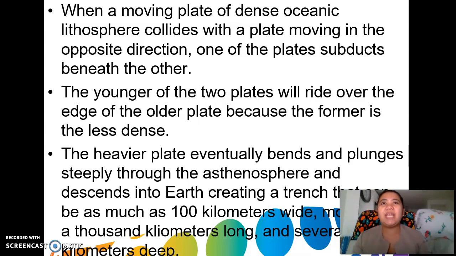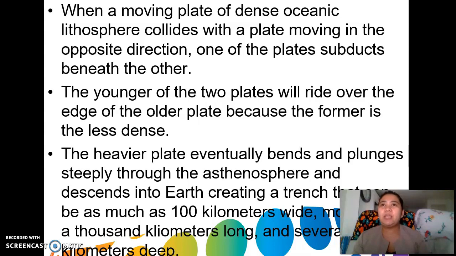When a moving plate of dense oceanic lithosphere converges with continental lithosphere, it is always the oceanic crust which will subduct because it is much denser. Now, in oceanic to oceanic convergence, since both plates are dense, one denser oceanic plate will still subduct or submerge towards the Earth's interior.